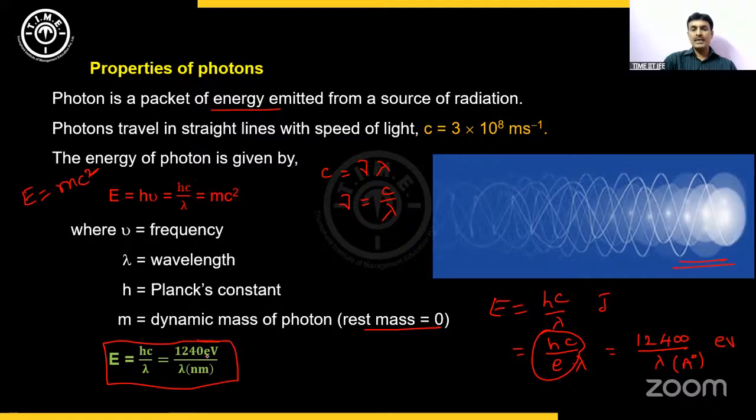The energy unit is electron volt. So remember these two relations, directly relating energy to the wavelength. E equal to 1240 by lambda in nanometer, or E is equal to 12,400 by lambda in angstrom. That energy is expressed in electron volt.